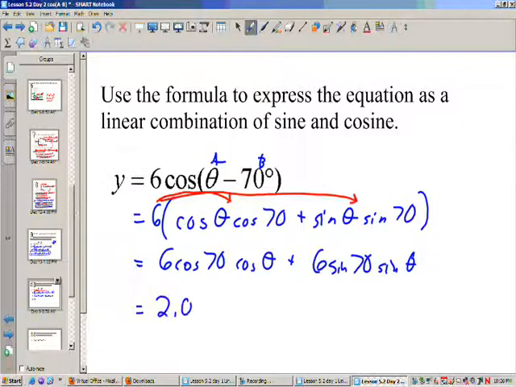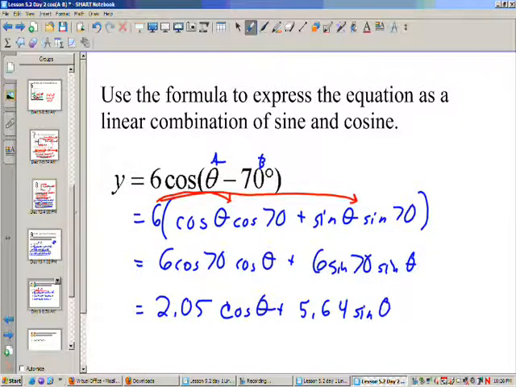This first part is going to be 2.05 cosine theta plus 6 sine 70 is 5.64 times the sine of theta. So I just wrote this first equation as a linear combination of sine and cosine.